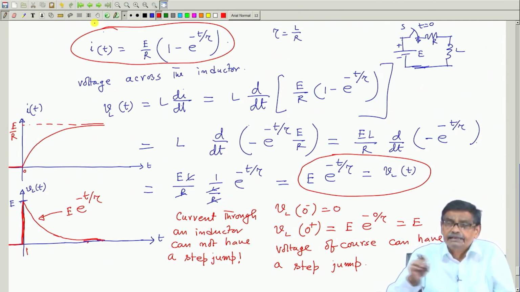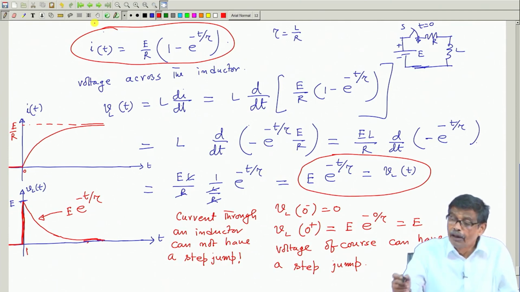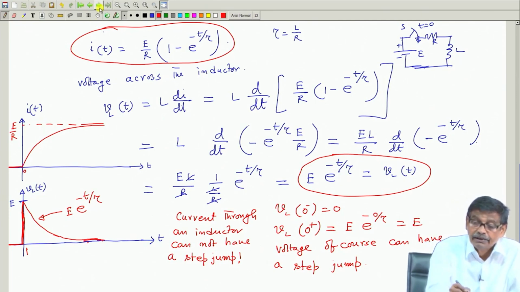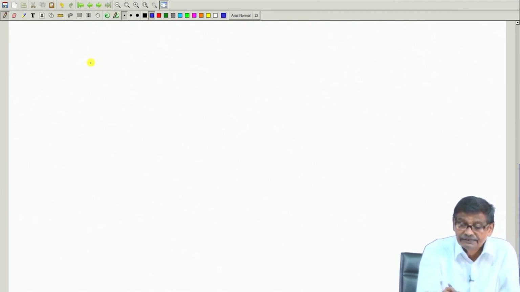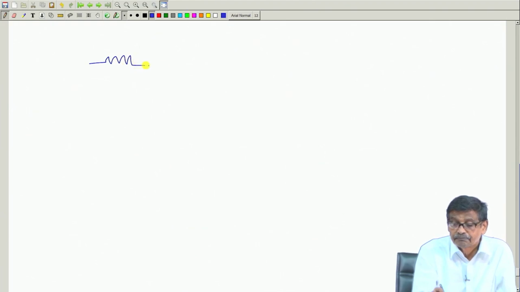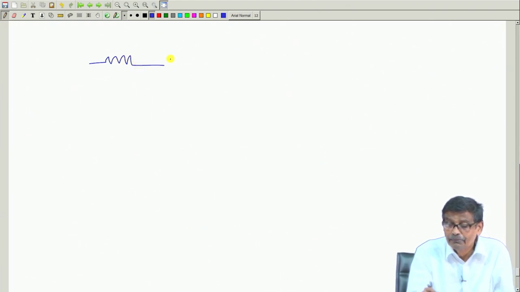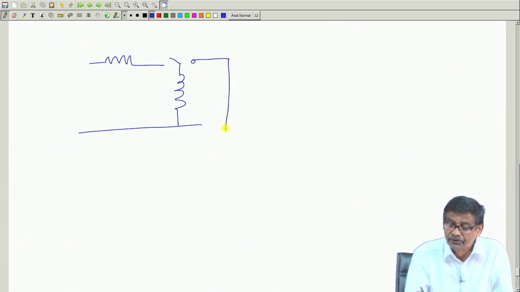So, somehow inject some current into the inductor, you have to apply some voltage etc. Now, the same circuit I will do like this: I will take a resistance and make the circuit like this, and here I will keep it shorted.